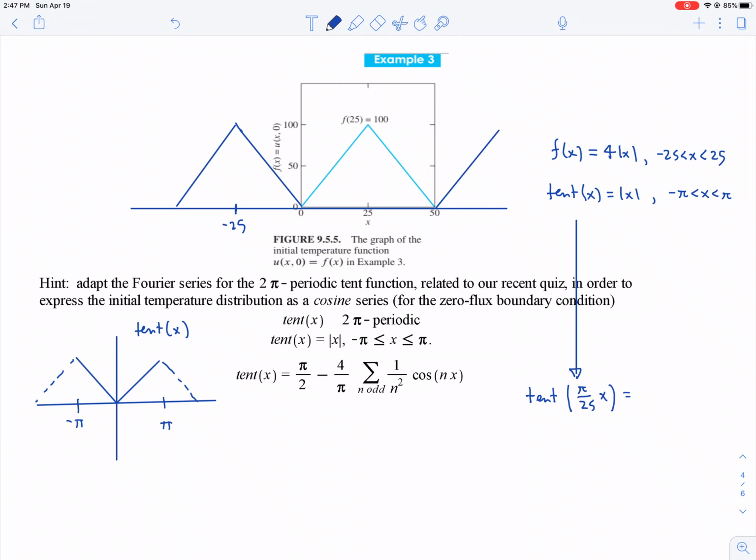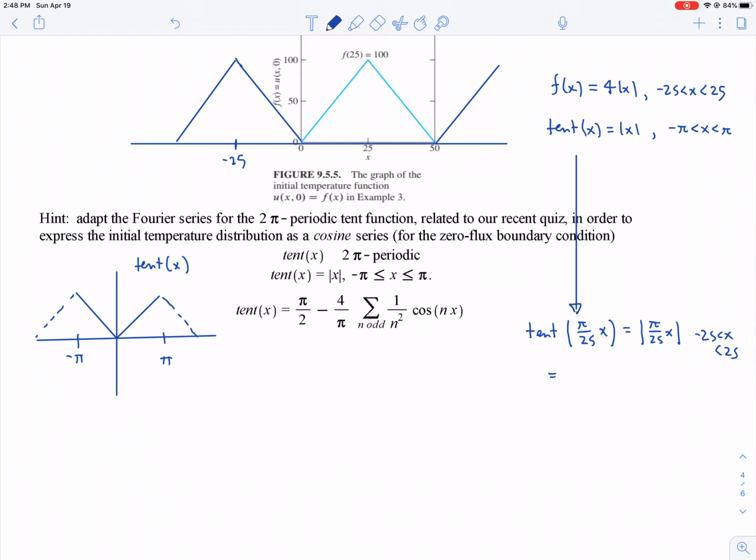But it will be the absolute value of that, which is pi over 25 times the absolute value of x.